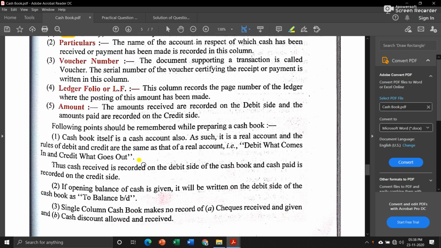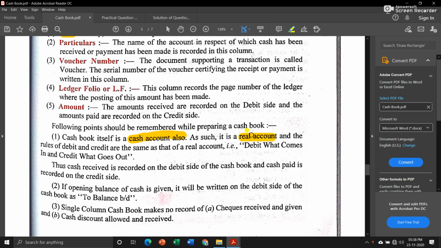Now there are some points that we have to remember while preparing a cash book. The first one is that the cash book itself is a cash account also. As such, it is a real account. This means we will treat the cash book as a real account, since we have seen in the traditional format that all asset accounts are real accounts.